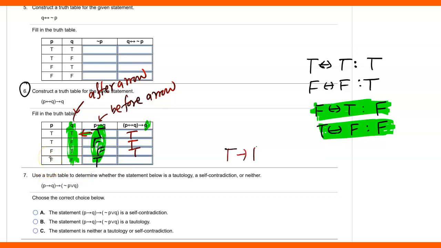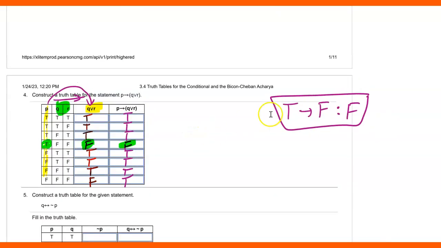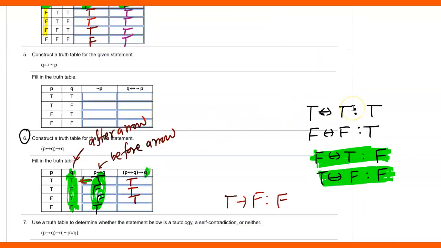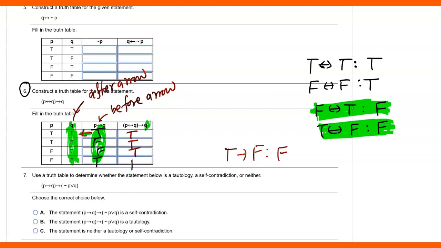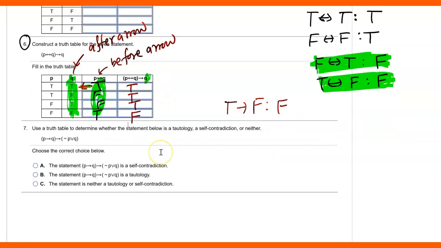T right arrow F is F. Notice that I mentioned before, T right arrow F is going to be F, right? Therefore, this is going to be F. This is called the truth value for this statement, and the whole thing is called a truth table. Does it make sense? That's question number 6.